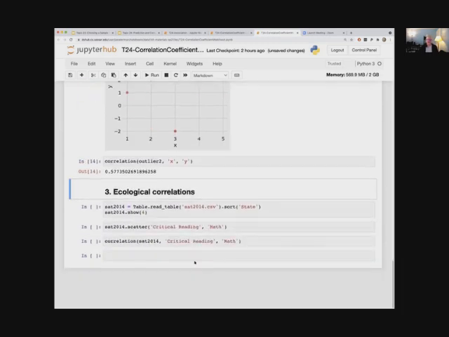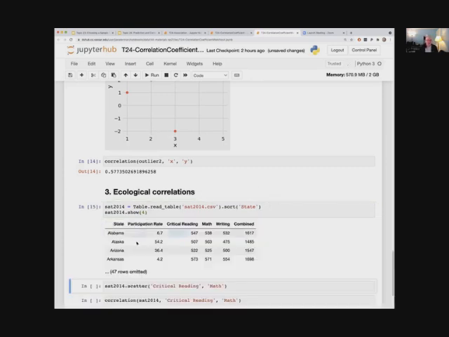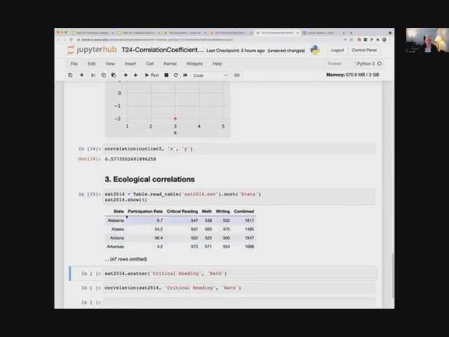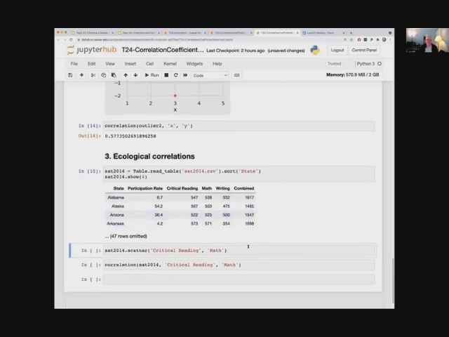And so the last thing I want to bring to your attention is ecological correlations. Here we're looking at the statewide SAT scores, the SAT scores for all of the students for all of the state of Alabama and all of the other states.